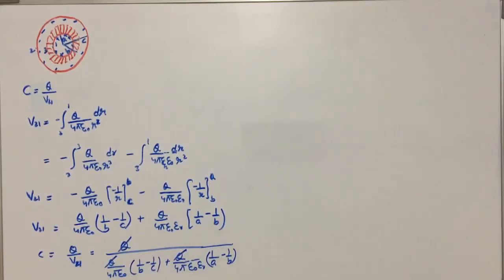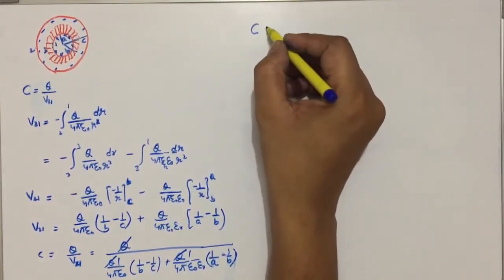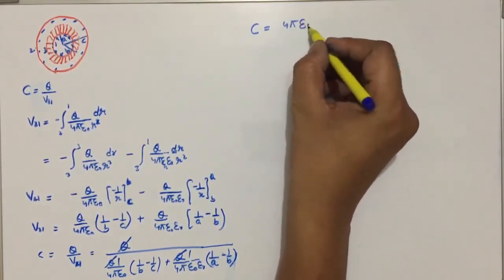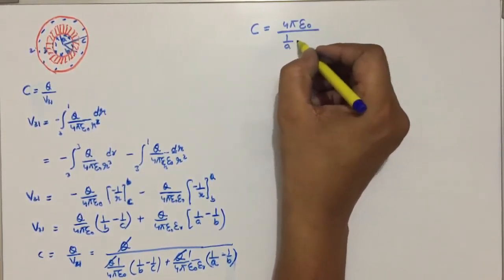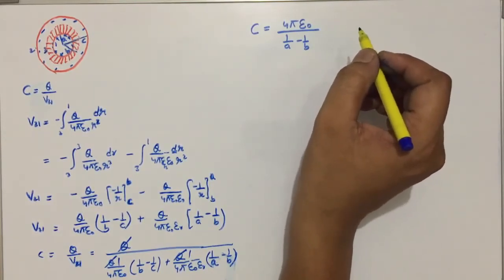In the case of spherical capacitor, we have derived that 4 pi epsilon naught, 1 by a minus 1 by b, was written there.